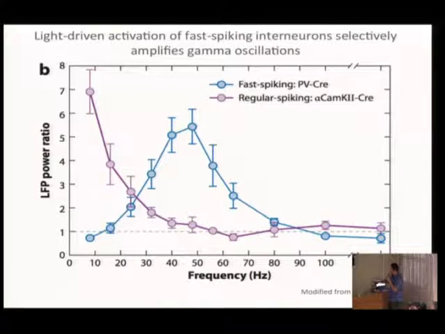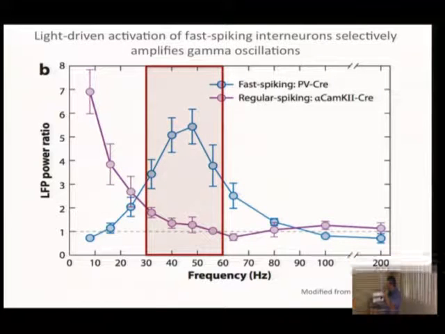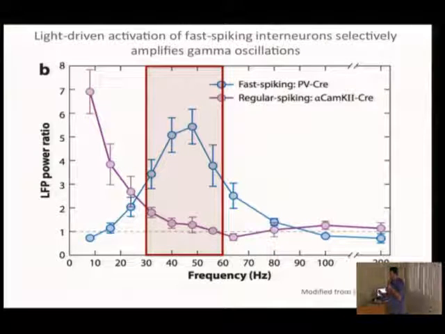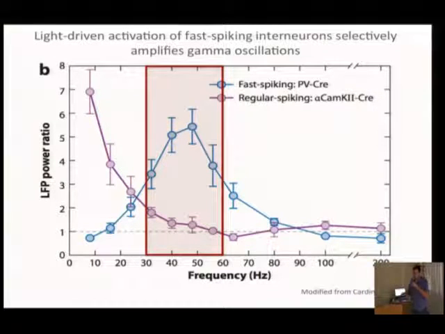And then when you go to faster frequencies of stimulation, you cannot see any significant effect. But if you apply it in PV-Cre mice, you can see that there is a specific enhancement of gamma oscillations in the gamma range, okay, from 30 to 60 hertz.